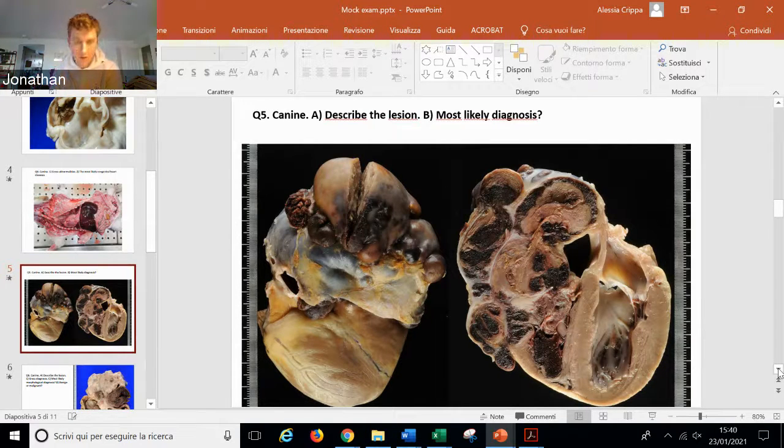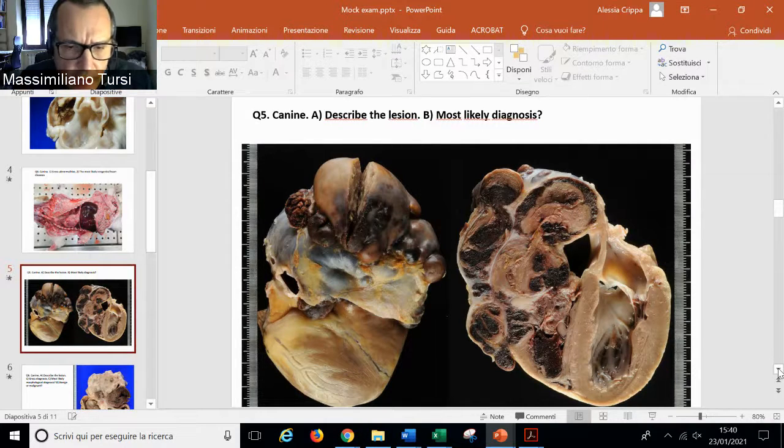I guess I gave a similar description. I just added cavitated to try to describe this blood content with coagulated. This was my interpretation. Yeah, coagulated. It's a difficult interpretation.